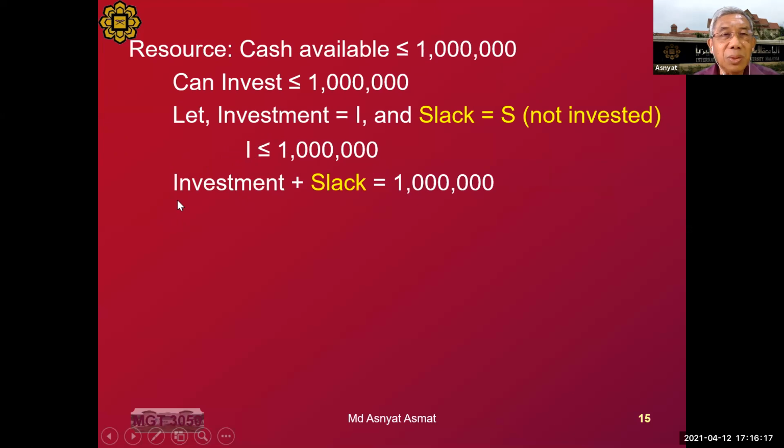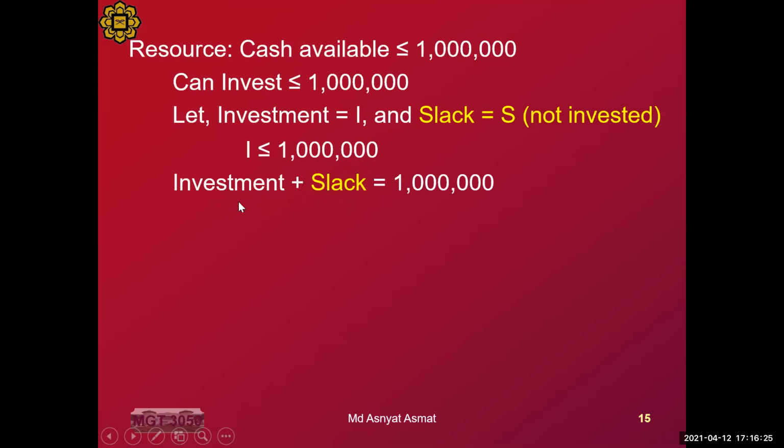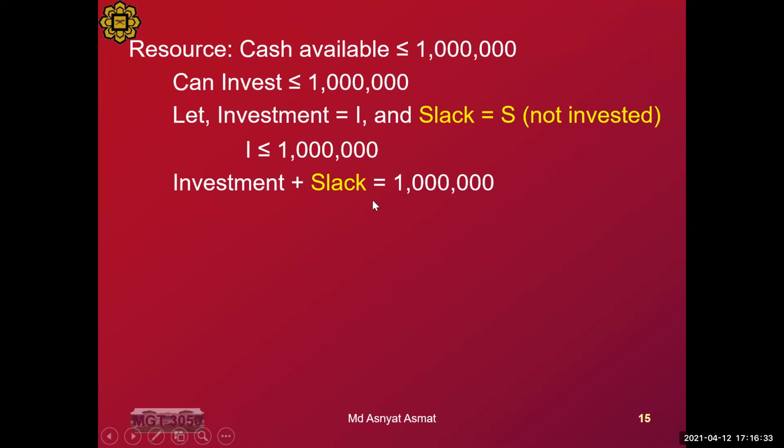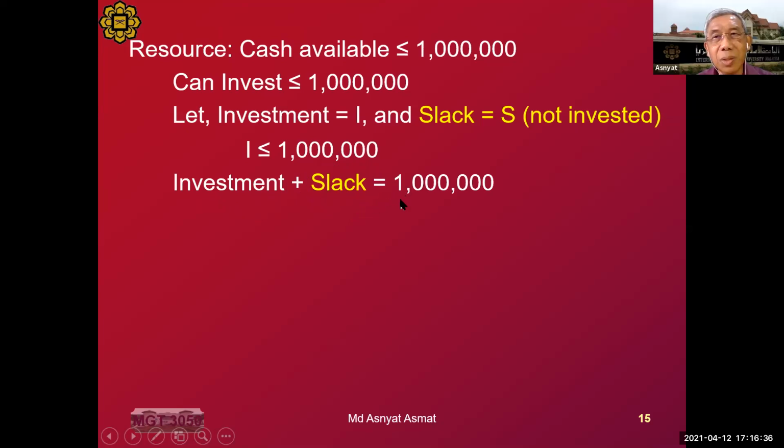That means if I were to invest 1 million, what's the value of slack? 0. If I were to invest 800,000, what's the value of slack? 200,000. It will still sum up to 1 million. Okay. So again, I plus S equals 1 million.